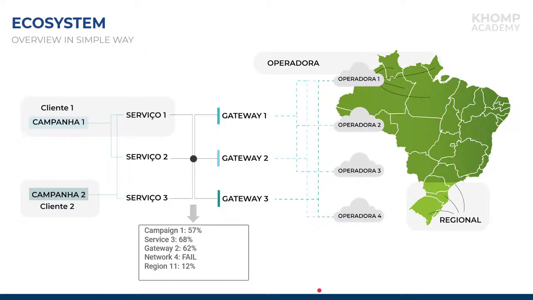And now we have another point of view of what we have here in Insight, which is the geographical point of view. So we can show you different regions. This is the Brazilian map.